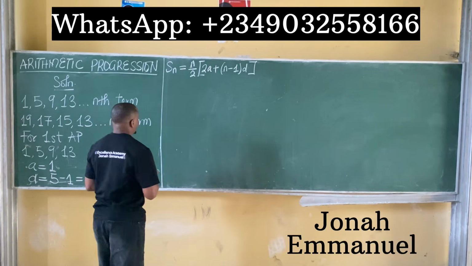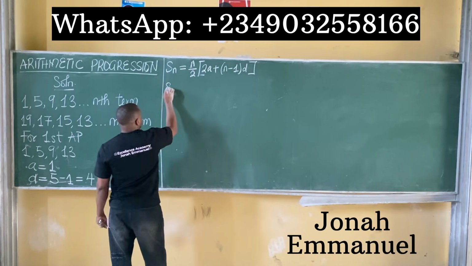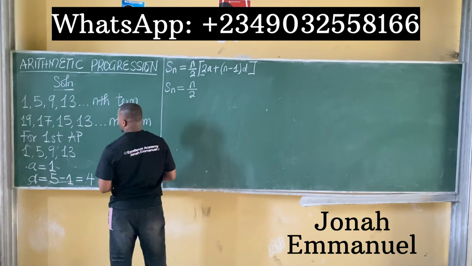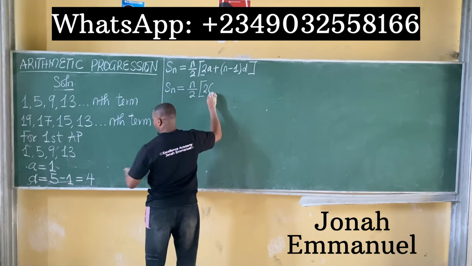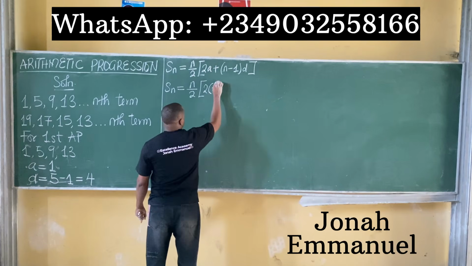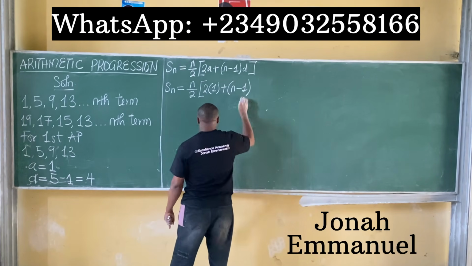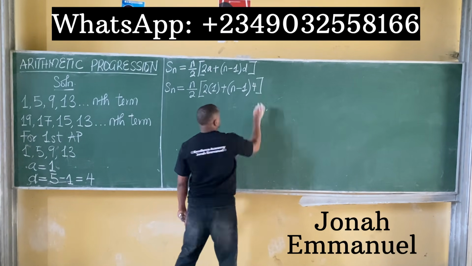Proceeding with this, let's impute values. So Sn is equal to n over 2 into 2a, that's 2 into a. a here is 1, so 2 into 1, plus n minus 1. What's d? In this case, d is 4, so into 4.